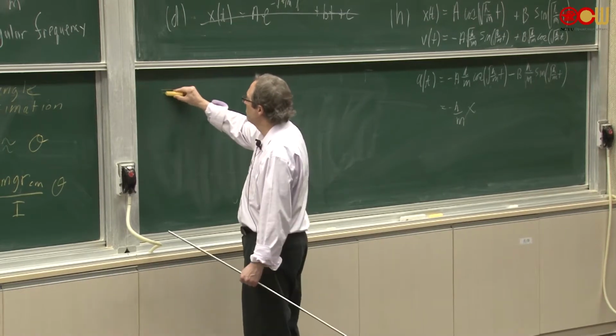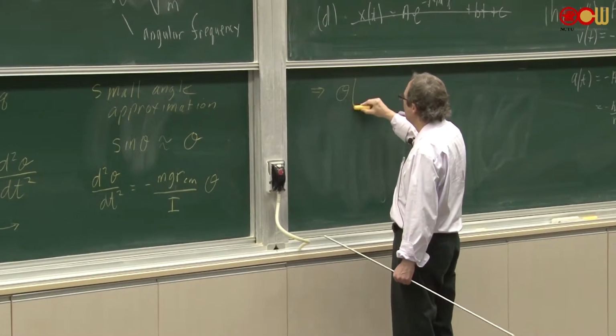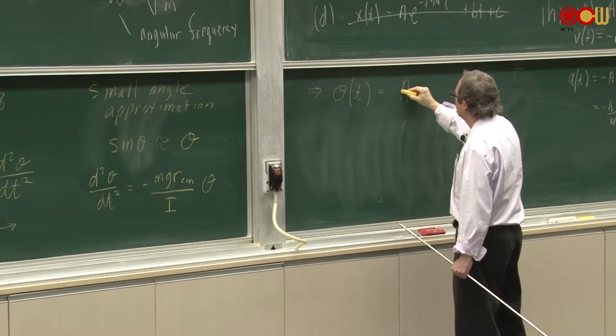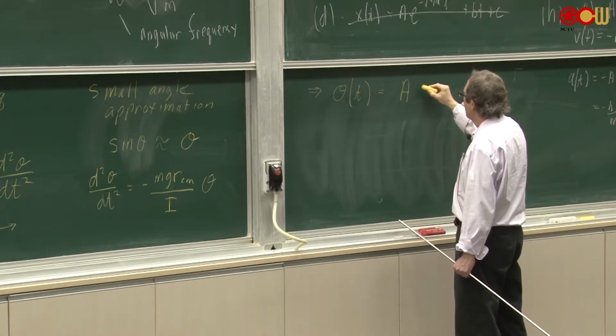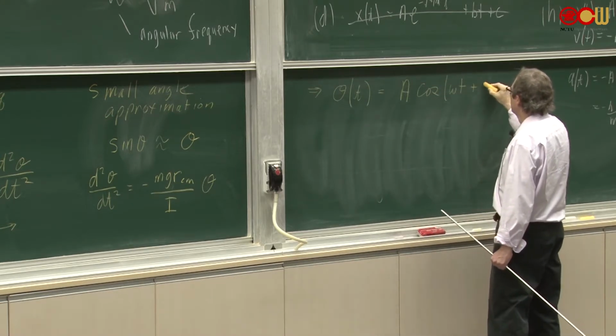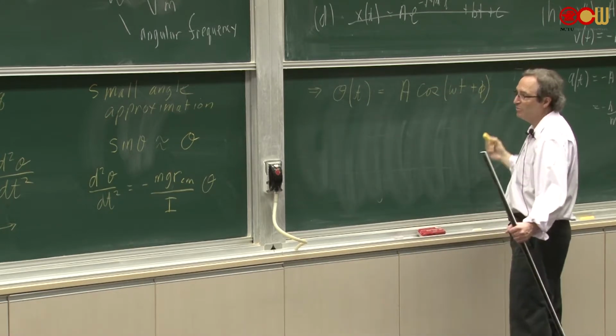So that implies I can immediately write down theta as a function of time is equal to some amplitude times the cosine of omega t plus phi, the same as before.